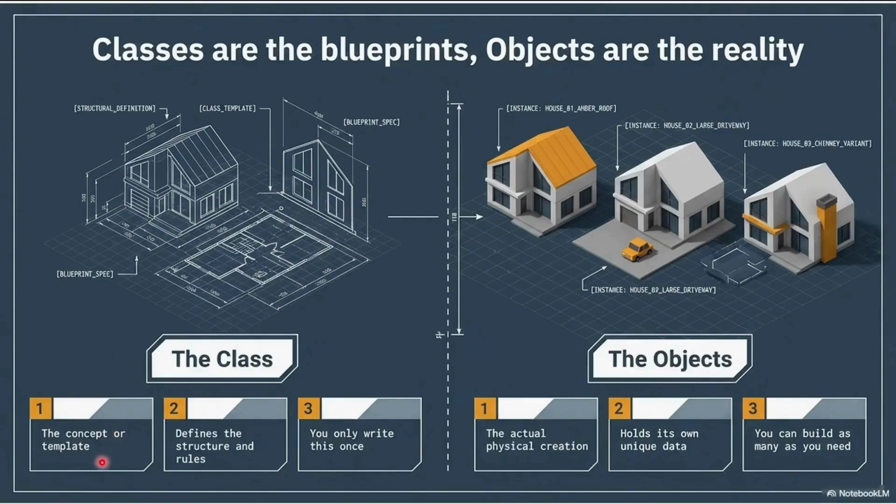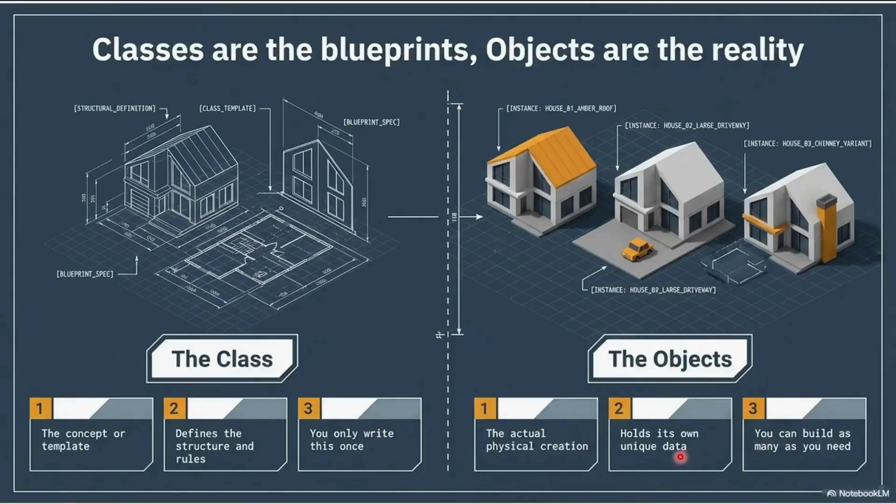So the concept or template, that's what the class is; it defines structure and rules. You write this once. Obviously this picture will be drawn only once, and from this picture I can design the houses the way I want, I mean, the number of houses that I want. And the objects are the real physical creation.